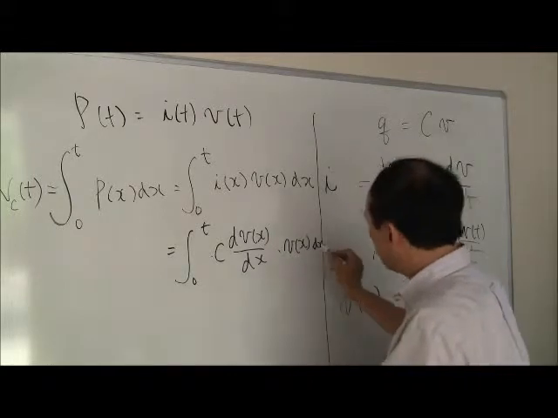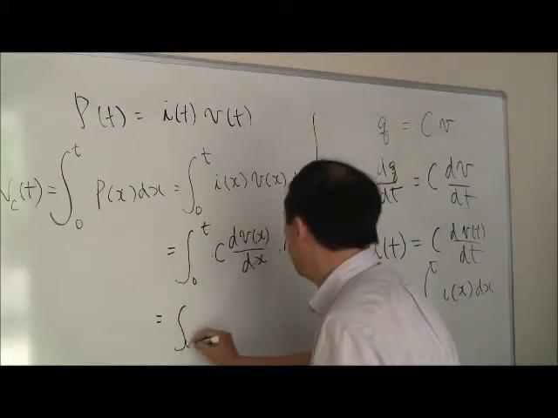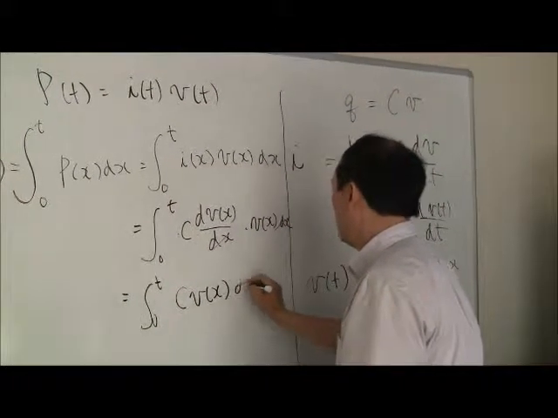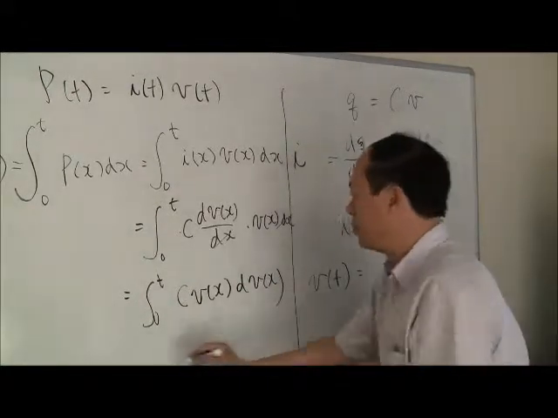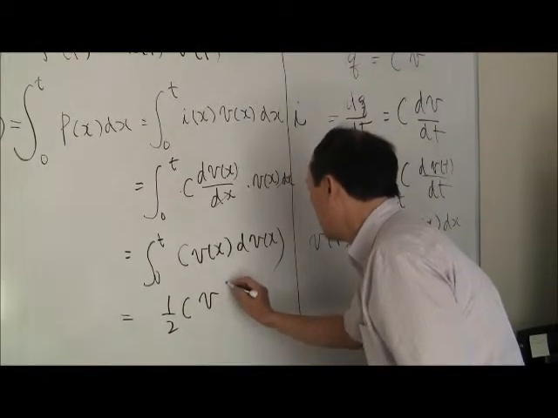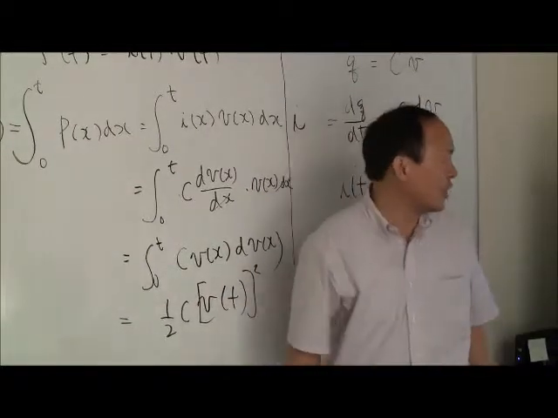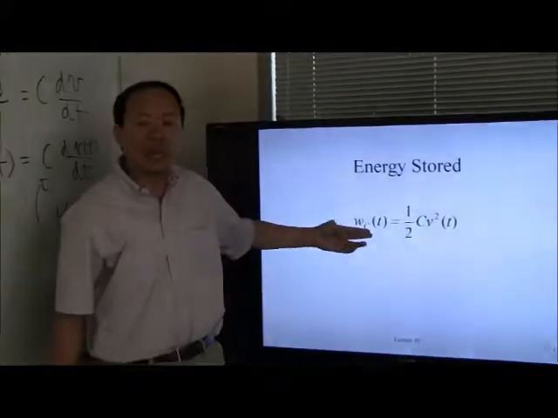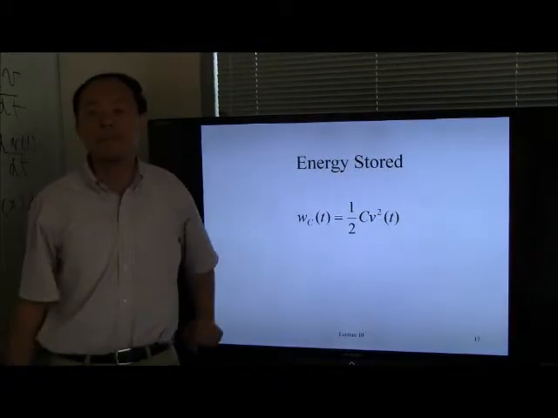If you cancel out the dx here, what you have is the integral from 0 to t of C times V of x dV of x. And this integration gives you 1/2 C V of t, the whole thing squared. So we have proved this equation: the amount of work stored inside a capacitor is 1/2 of C times the voltage squared.